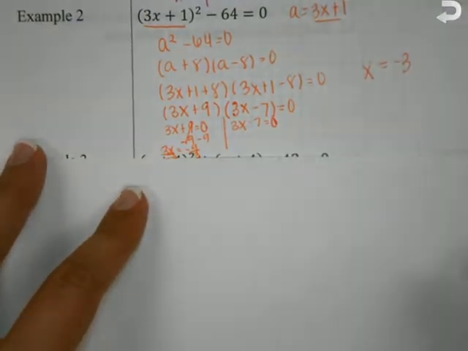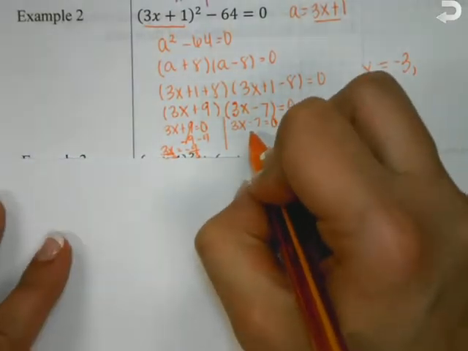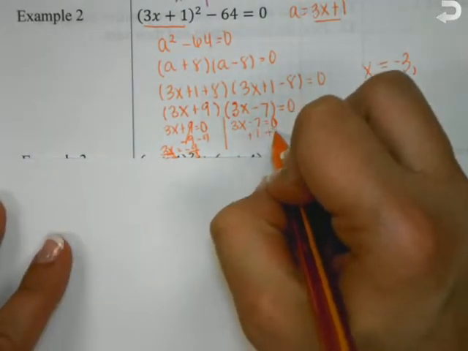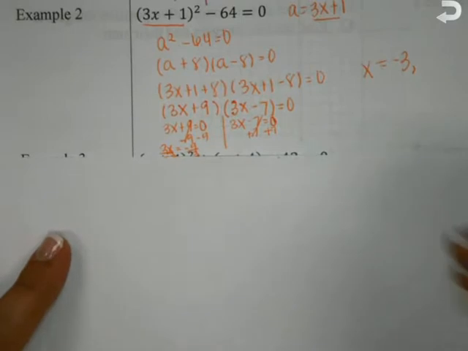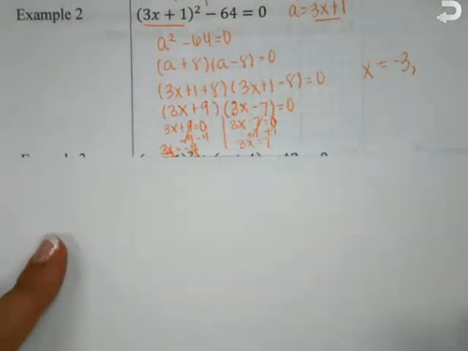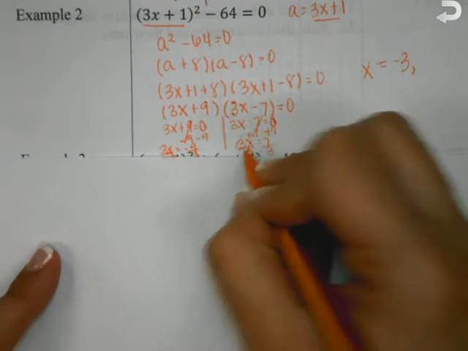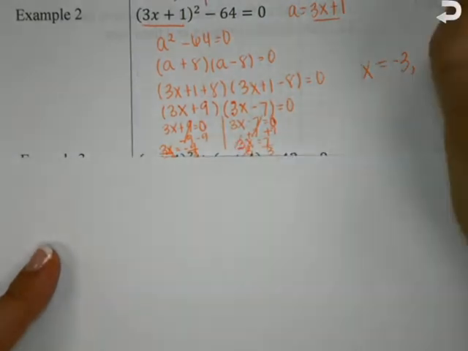And then same thing on the right. Add 7. 3x equals 7. Divide both sides by 3. So x also equals 7/3.